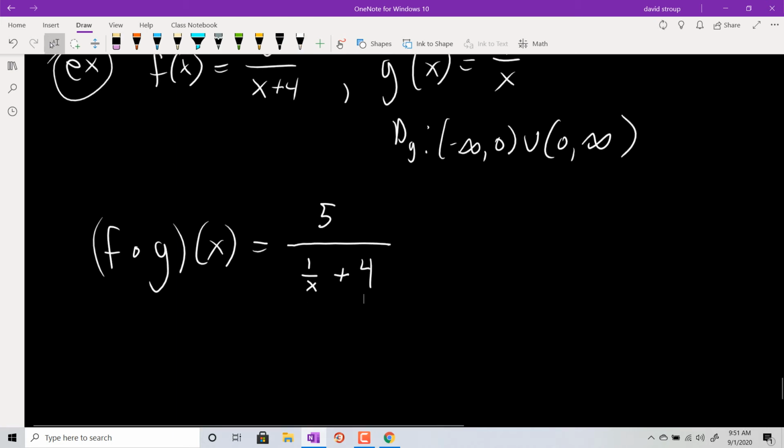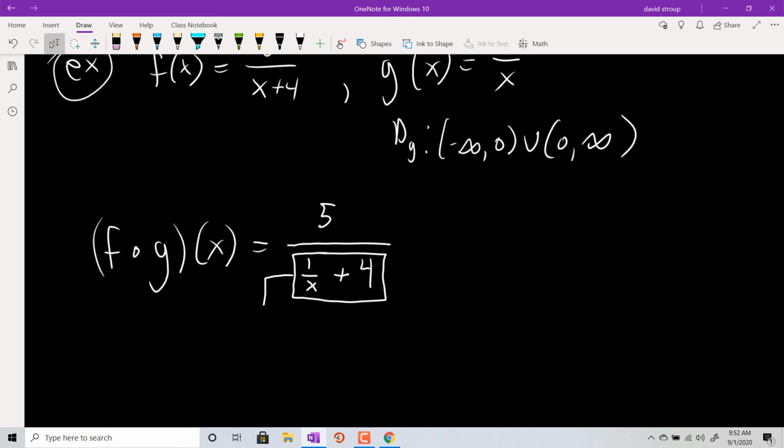For the domain, then, I need to make sure that this stuff is not equal to 0. And if it is, then I will have found an x in the domain of g that causes an issue in the domain of f.